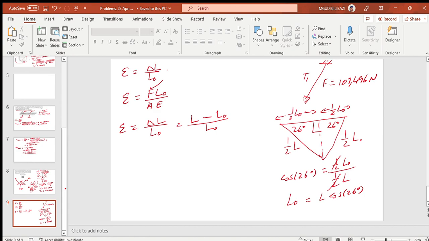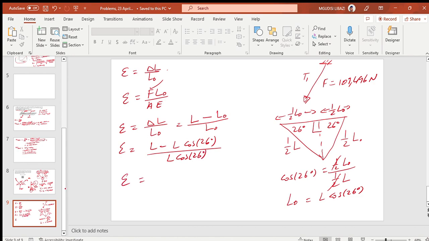So now strain is equal to length minus initial length, which is L cosine of 26 degrees, divided by initial length, which is L cosine of 26 degrees.